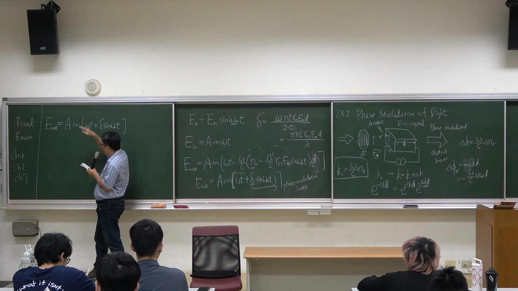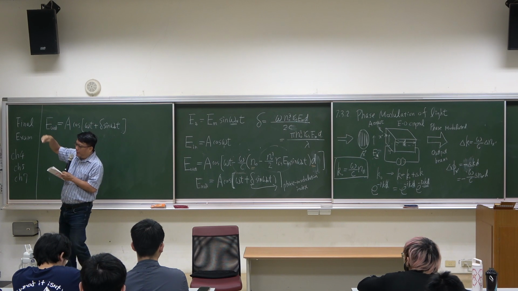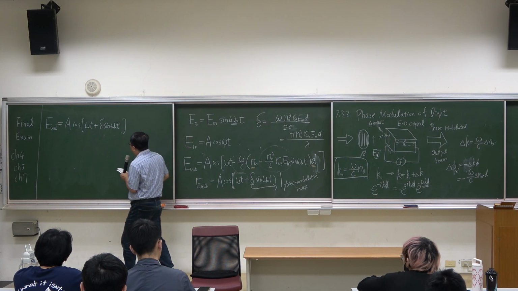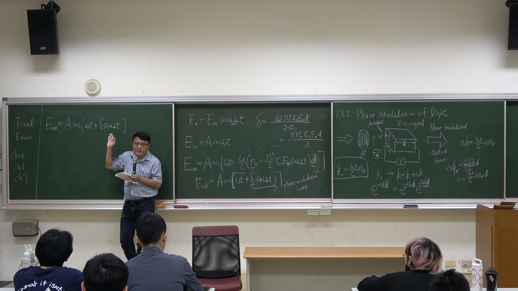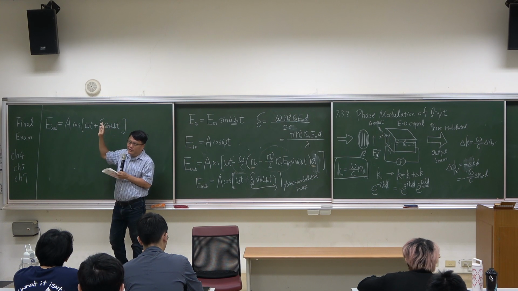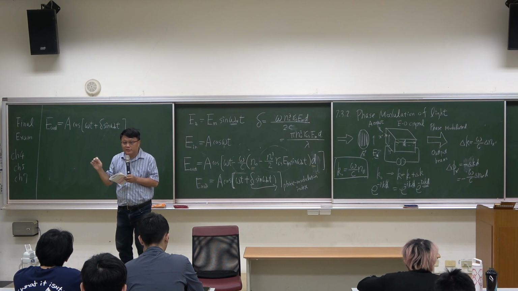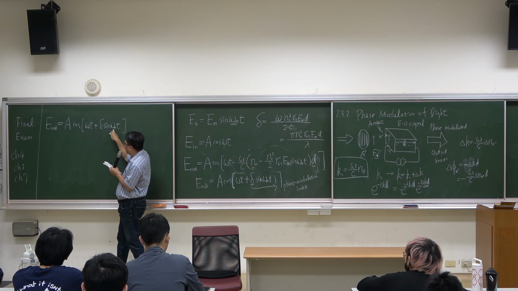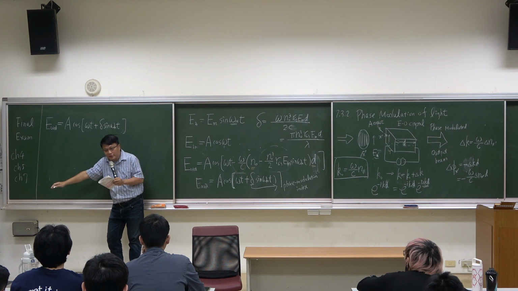So we know it is a periodic variation with respect to time. However, now we have another frequency, omega m. So the final result is not really a periodic result because omega and omega m may have different periods.